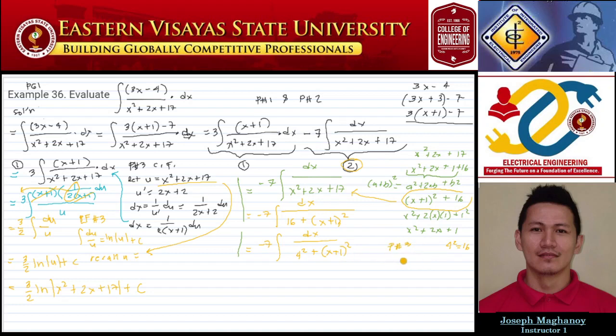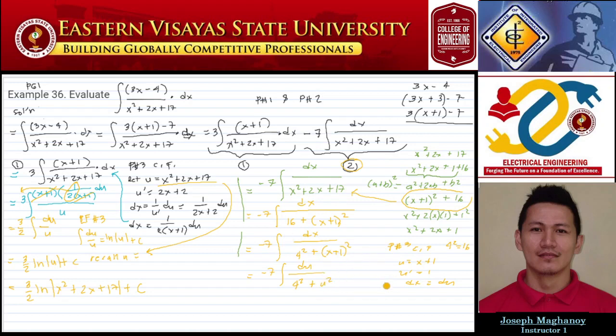But it is obvious that if u is x plus 1, our first derivative is only 1. Therefore, our dx is equal to du. Okay, so we just replace our function with the appropriate symbol. So the du over 4 squared plus u squared.